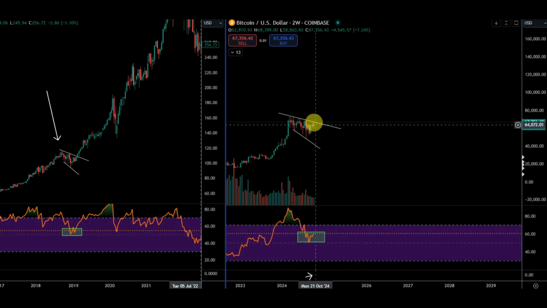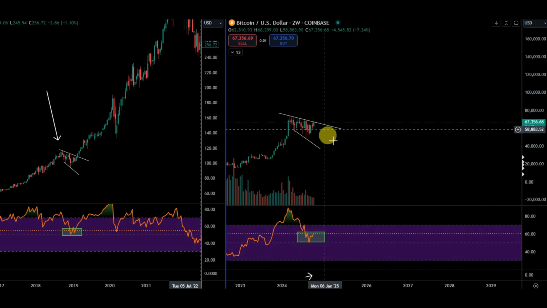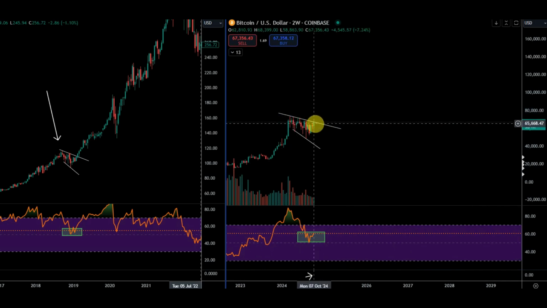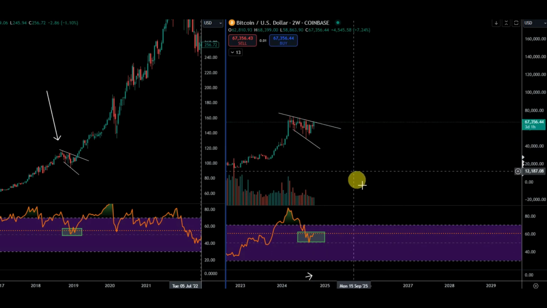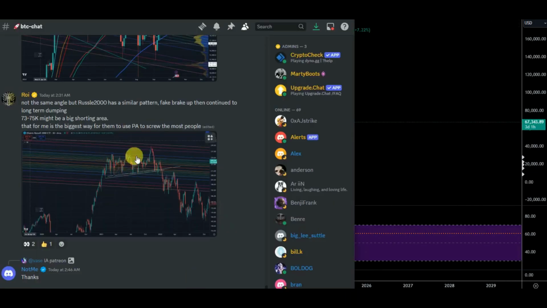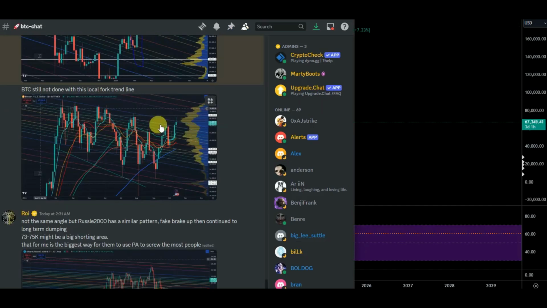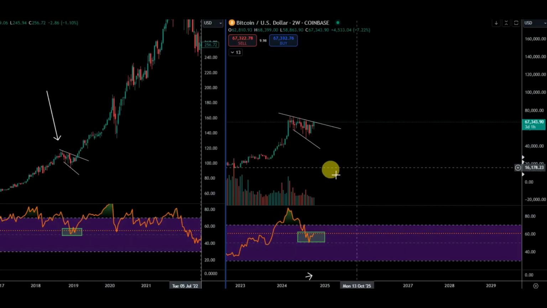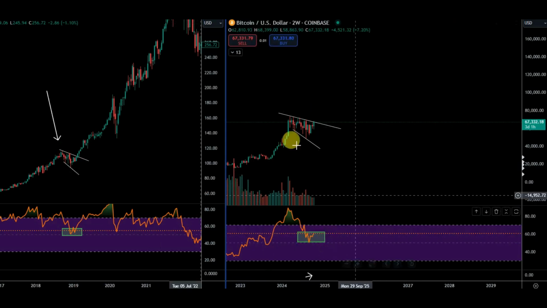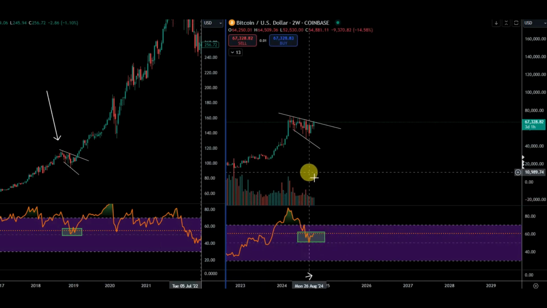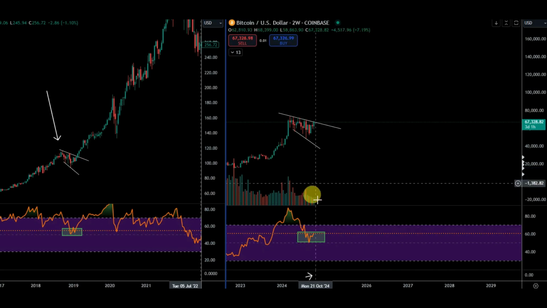But definitely we need to be watching for fake breakdowns, fake breakouts, because fakeouts can create large moves in the opposite direction. So there's nothing wrong with this post. It's a great post, and we always need to be on guard. But it's good to look at all perspectives, and we just looked at the sentiment tool there, and the sentiment tool is telling us the market is trying to flip bullish.